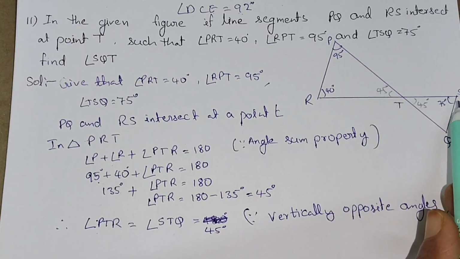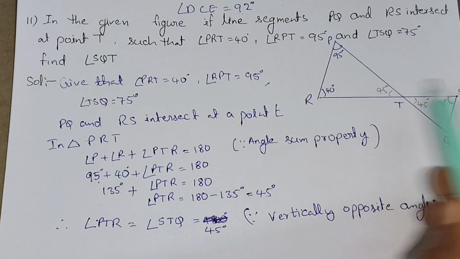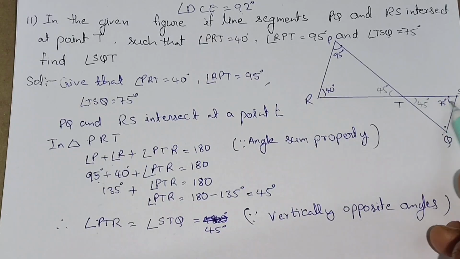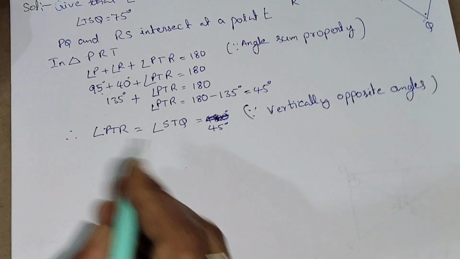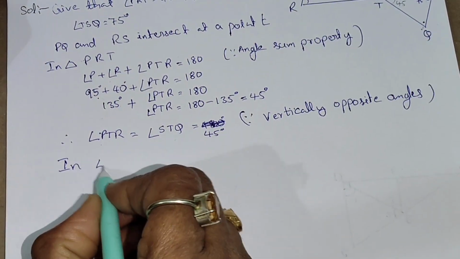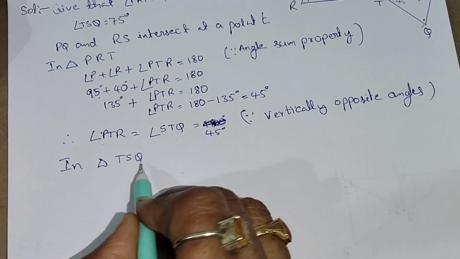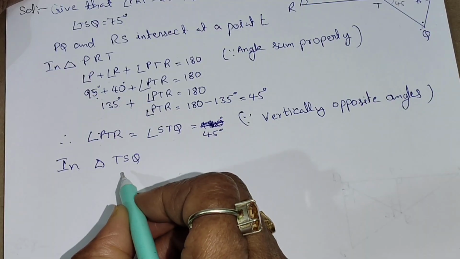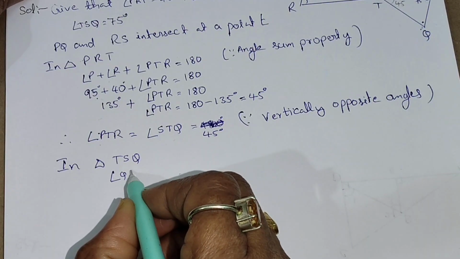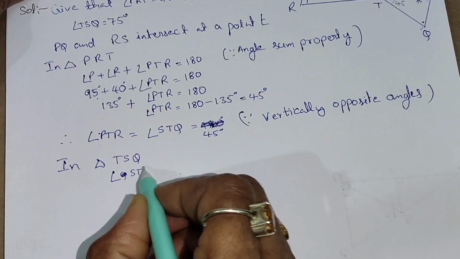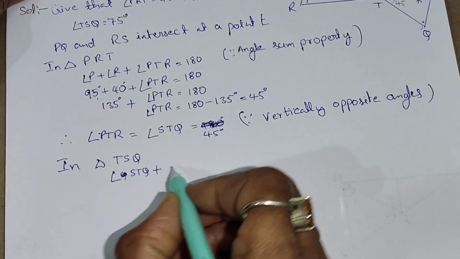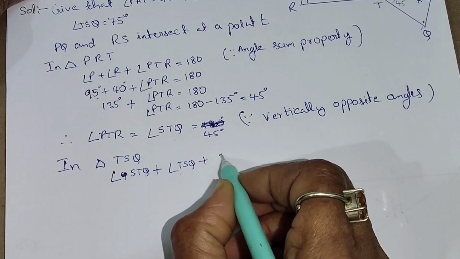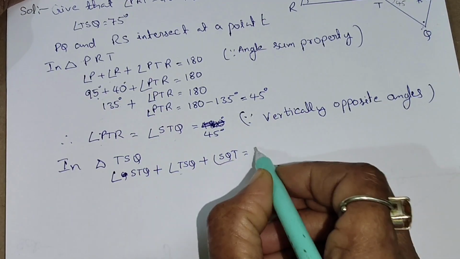Now the question asks for angle SQT. In triangle TSQ, we already know two angles. Now we write the angle sum property: angle STQ plus angle TSQ plus angle SQT is equal to 180 degrees.